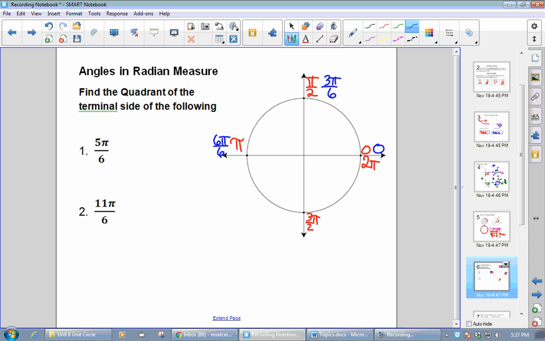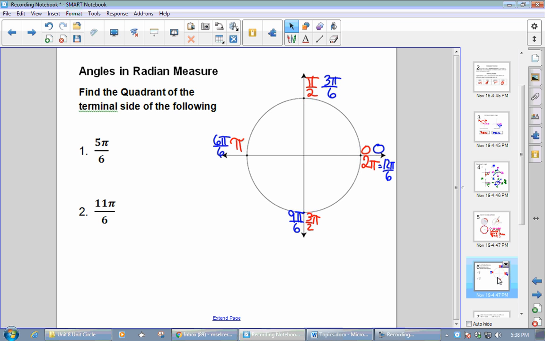If I changed 3 pi over 2 into 6, it will be 9 pi over 6, because I'm multiplying the top and bottom by 3. And then 2 pi into 6 would be 12 pi over 6. Each of those little blue fractions you see reduce to the red fractions. So that makes it really easy now to find out where these angles are.